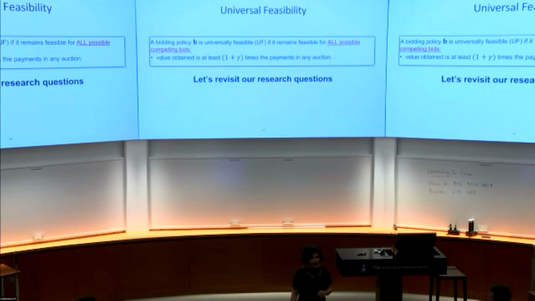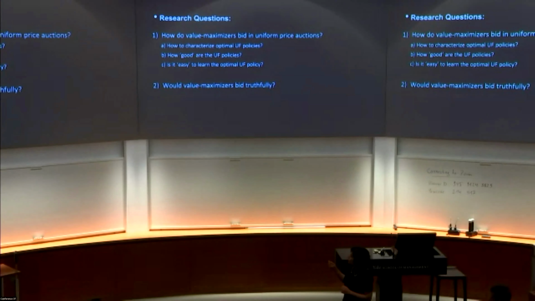Cool. So based on that, let's go back and revisit our research question. Let's see what we want to do. The first question was about how value maximizers should bid in uniform auctions. Now, instead of that question, I'm going to have 3 sub-questions. In the first one, we want to figure out how to characterize the optimal universally feasible bidding policy.